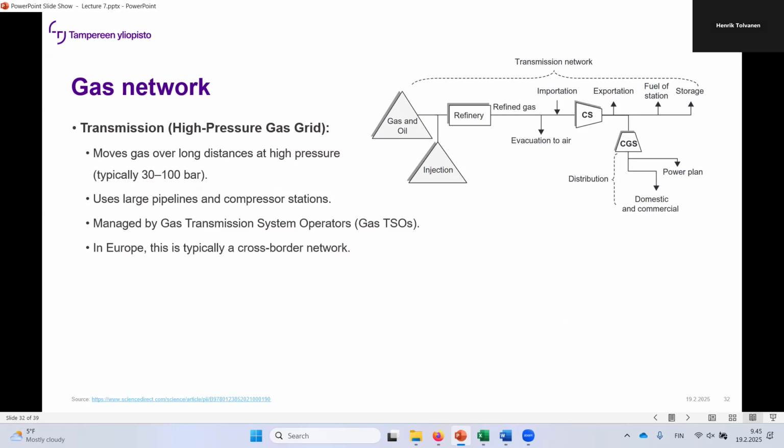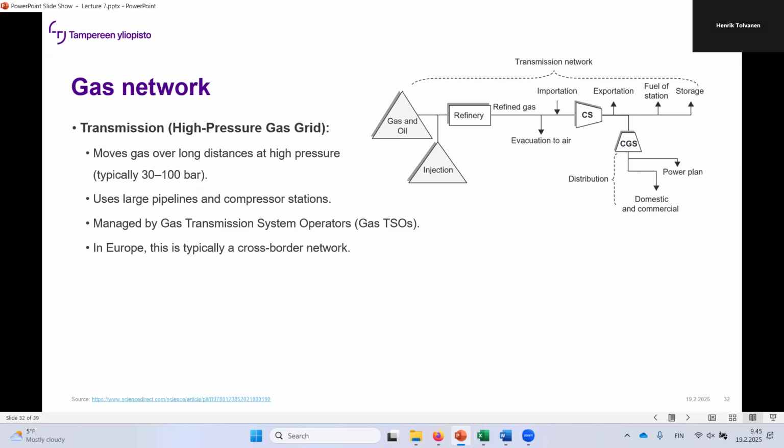Gas and oil production or some other injection to the pipeline at this end goes to the refinery. You clean up the gas, for example, remove the sulfur compounds, and it is pretty much sulfur-free. Then the refined gas flows through the pipelines.